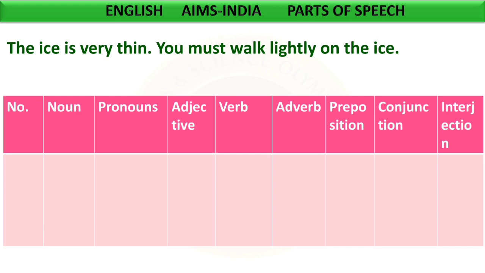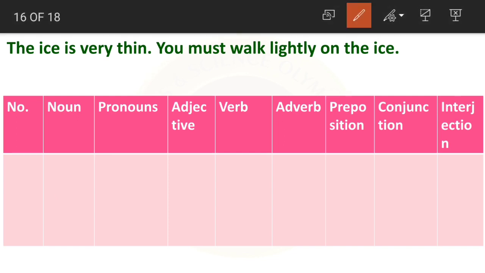The ice is very thin. You must walk lightly on the ice. The ice. We are talking about the ice, and ice is our noun. Is, we did in the previous sentence, children. Ice is noun. Is, verb. Very thin. How is it? It is very thin. Very thin is adjective.